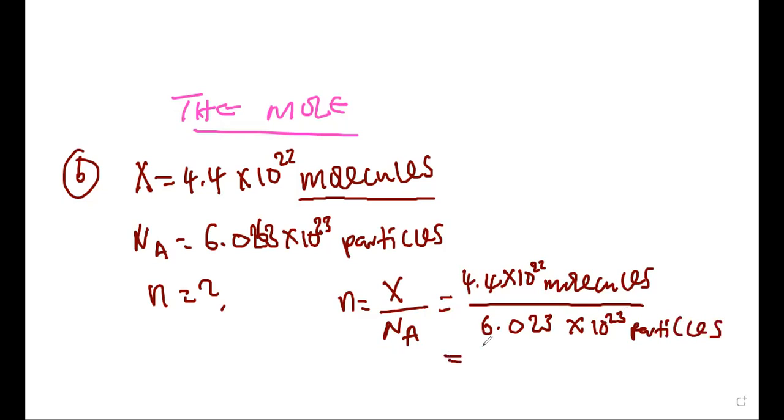So if we punch in the calculator here, 4.4 times 10 to the power 22, everything divided by 6.023, multiplying that.